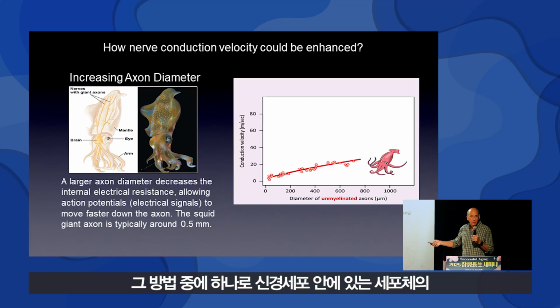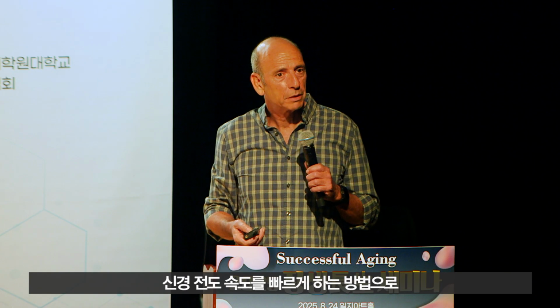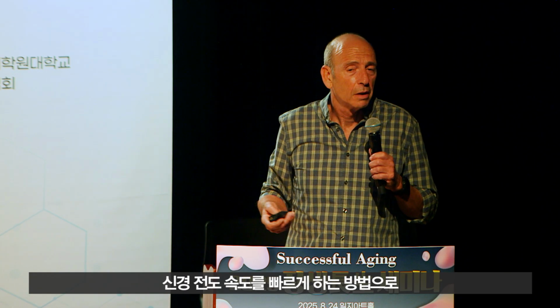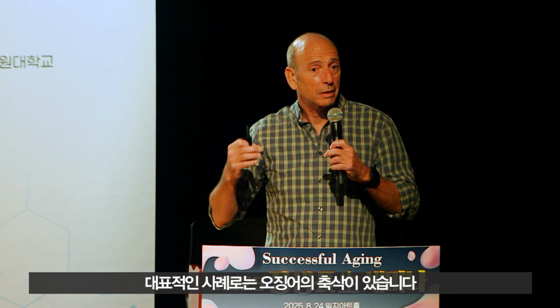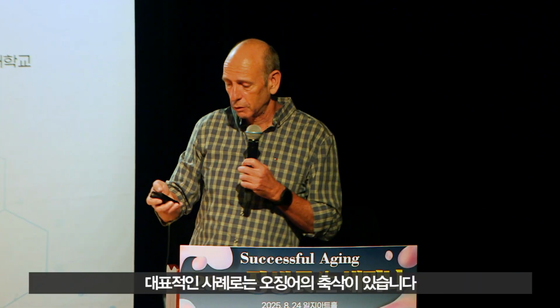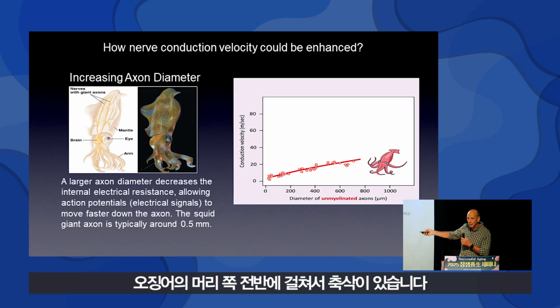One thing is you can make the neuron. A neuron is the nerve cell, right? It has a cell body and it sends a very long process. This process is called the axon. So one possibility in nature is to make these axons bigger. There are some animals that do that, the squid, for example. The squid has a neuron here in the brain and an axon that goes back here.